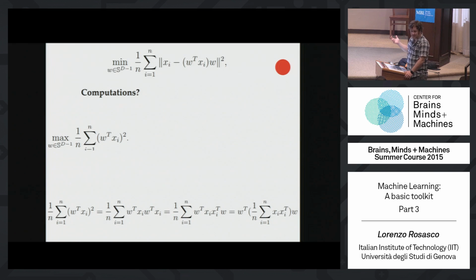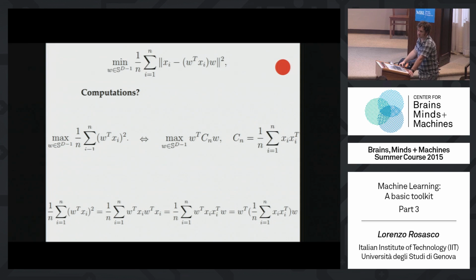It's a d by d matrix of rank 1. Now you sum them all up, and this quantity becomes what is called a quadratic form: a matrix C squeezed in between two vectors, w transpose and w. So you can rewrite the problem as finding the unit norm vector w that maximizes this quadratic form.